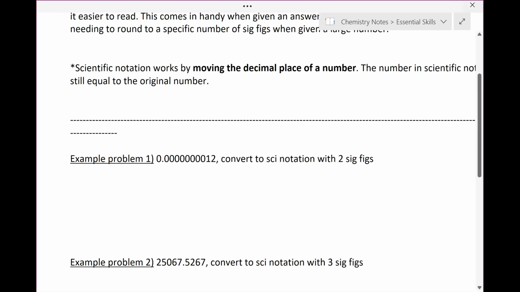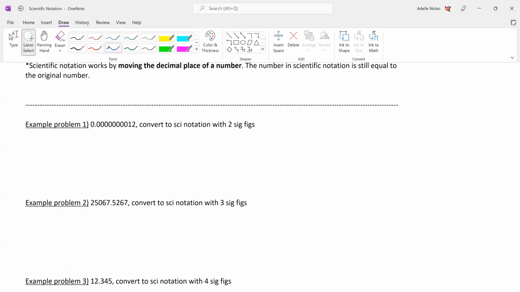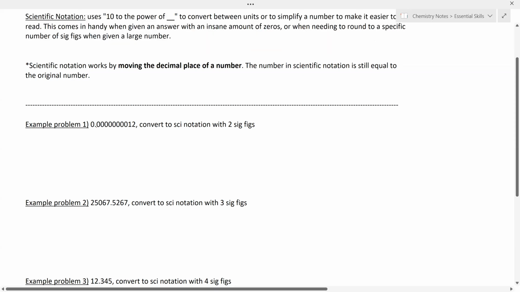Let me draw. We'll use red. Okay, so what you'll see is you see the decimals here, right? And in order to get 2 sig figs, remembering our sig fig rules, none of these zeros are significant. But the 1 and the 2 are.